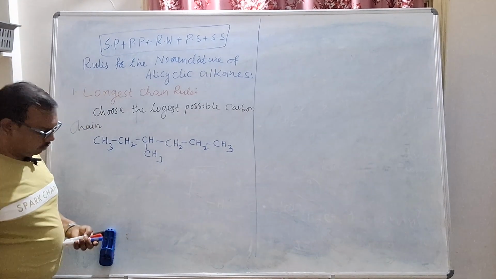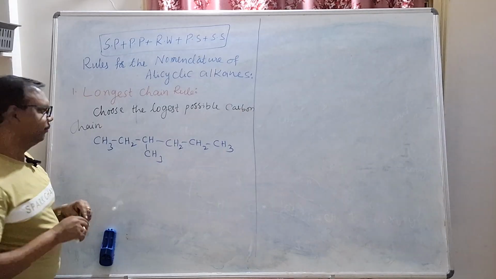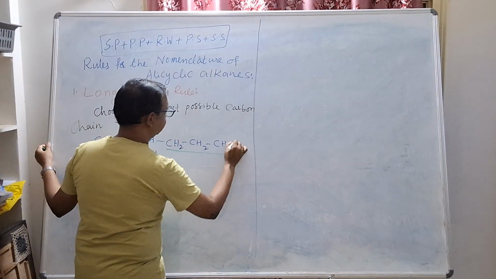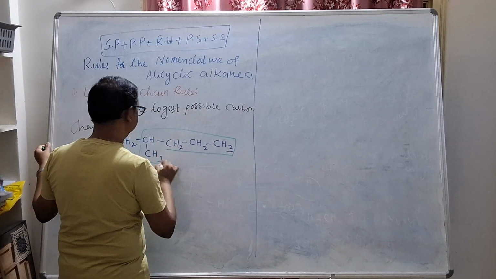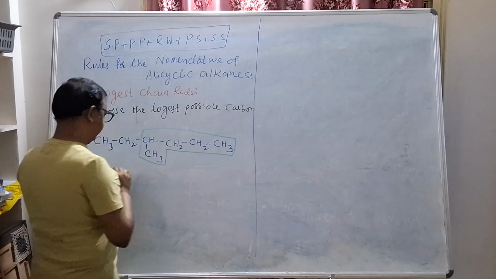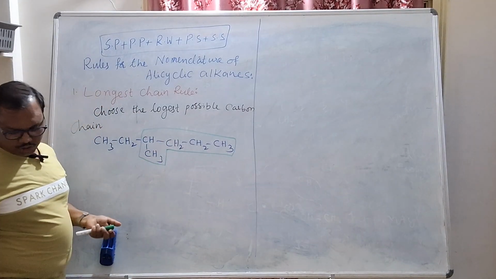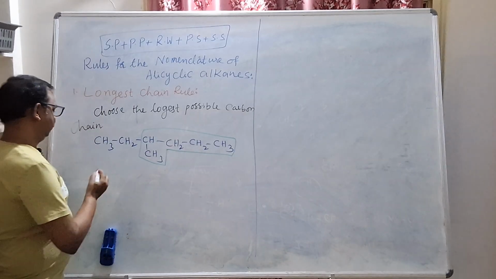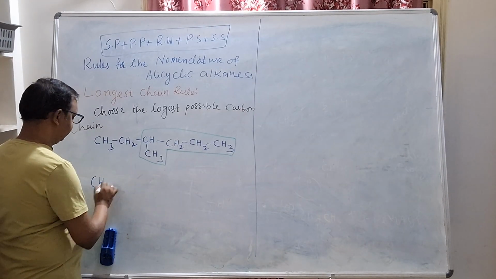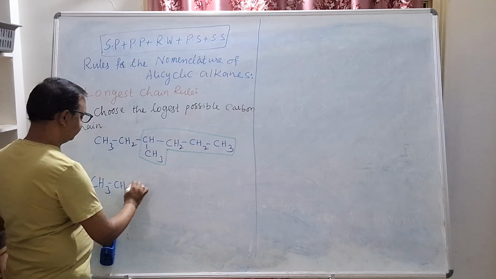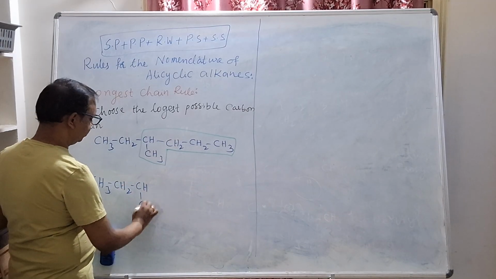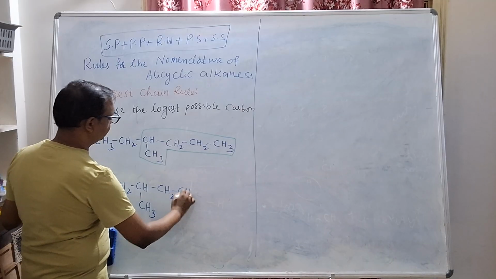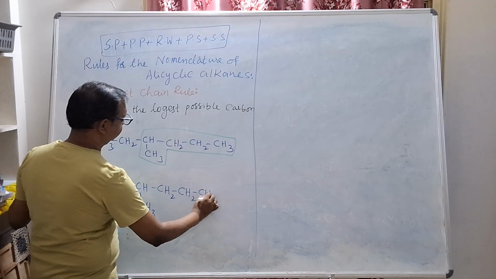I will draw that. This is one of the possibilities, and one more possibility we can write as a straight chain. I am writing that compound here: CH3, CH2, CH, CH3, CH2, CH2, CH3.